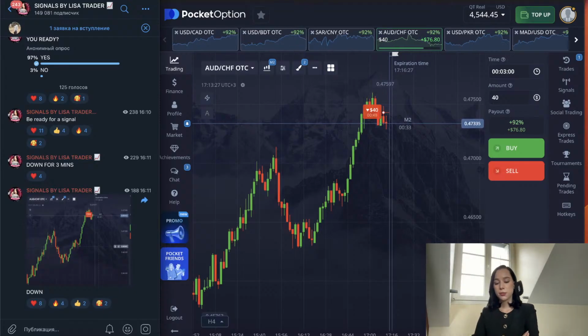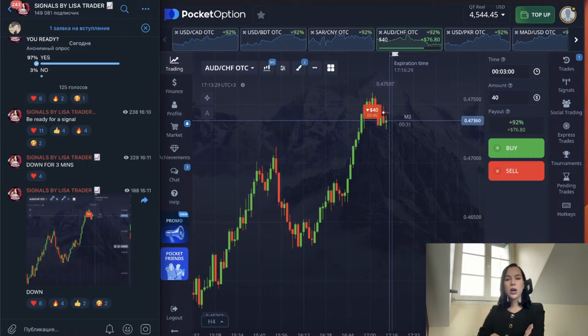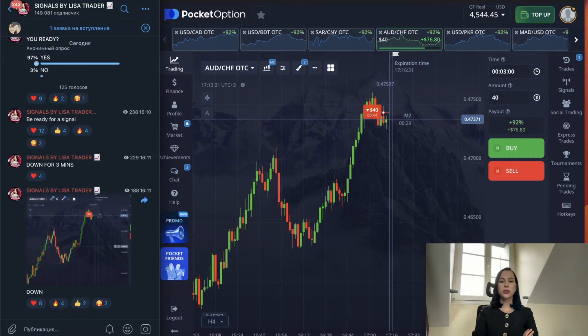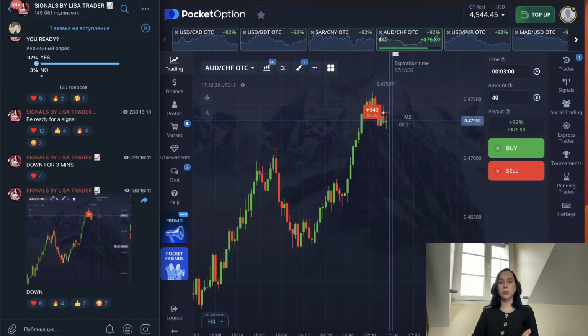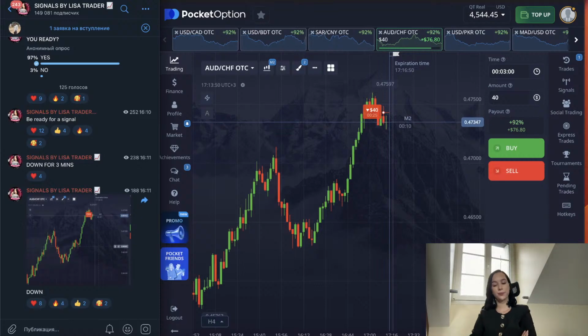Then uses the demand and supply zone to reverse. You mean support and resistance levels? It doesn't get called demand and supply. I think maybe some people call it like this, but it's mostly support and resistance levels and zones. Or do you mean overbought and oversold? Oh, okay, I get it now. It's about overbought and oversold zones.